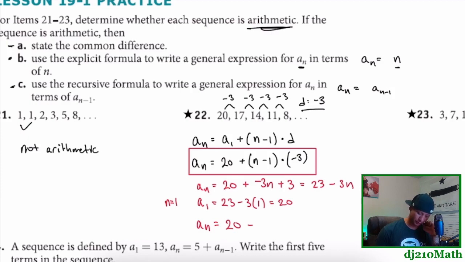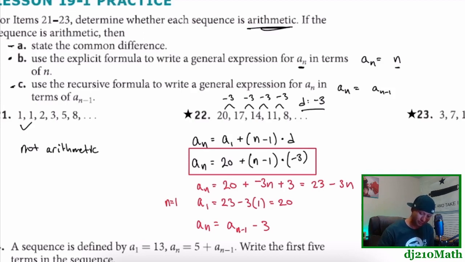Oh, okay. So this would just be A sub n minus 1 minus 3. Whatever term you want, you take the previous term and you subtract 3.